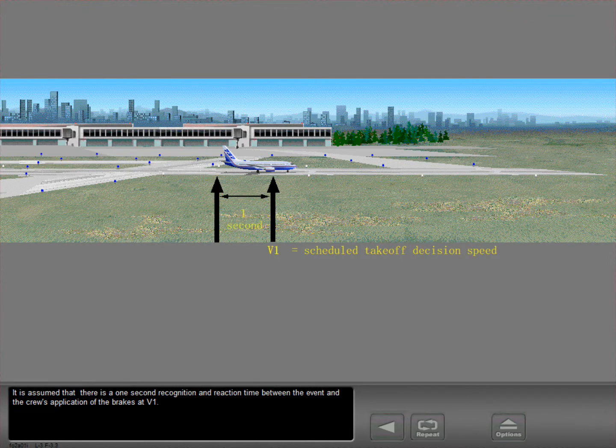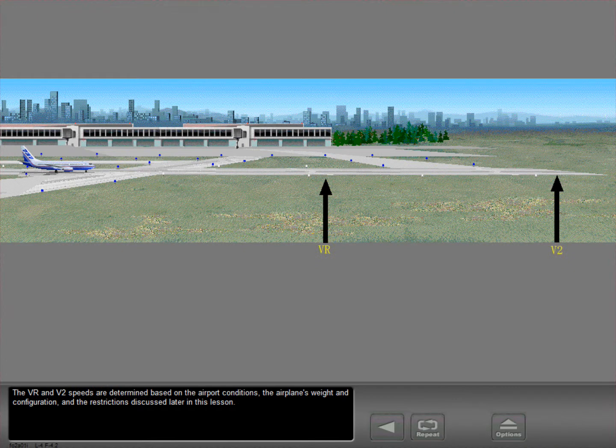It is assumed that there is a 1-second recognition and reaction time between the event and the crew's application of the brakes at V1. For an engine failure, we call this speed VEF. Therefore, if the crew rejects the takeoff at VEF and applies maximum manual braking at V1 along with speed brake extension and throttle chop, the airplane will come to a stop at the end of the runway.